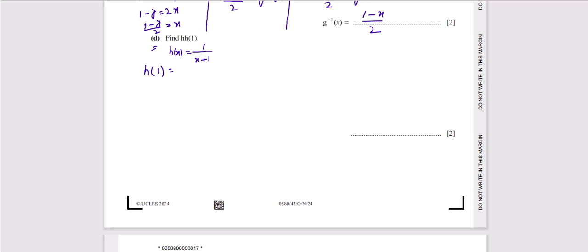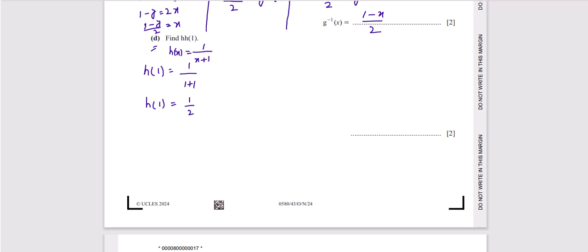The value of x is 1, so 1 over 1 plus 1. h of 1 is equal to 1 over 2.